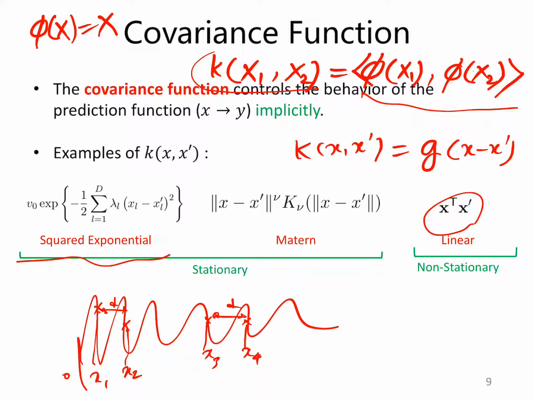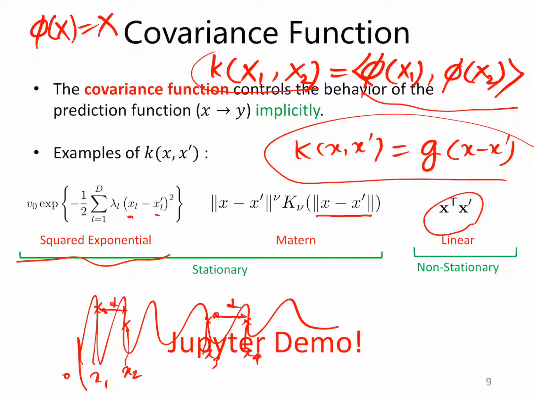The distance between them is always d, so the amount of similarity between them is always constant. If the form of the kernel always shows up as a function of x_l minus x_l', where this is the lth element of x, it is called stationary. So let's take a look at the examples of a few of these functions and see what kind of phi function they produce.